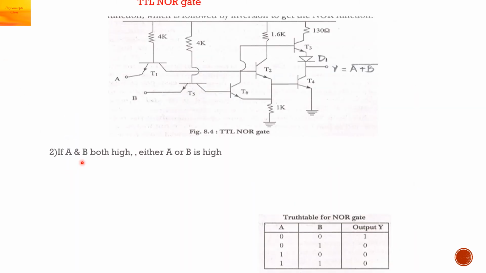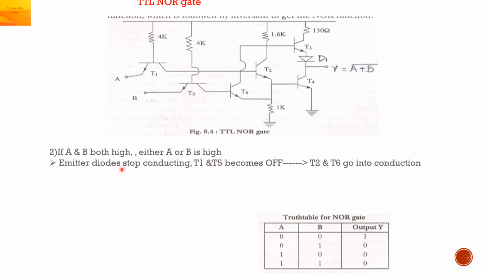Second case, if A or B, either A or B is high. The emitter diodes will stop conducting if the inputs are high.